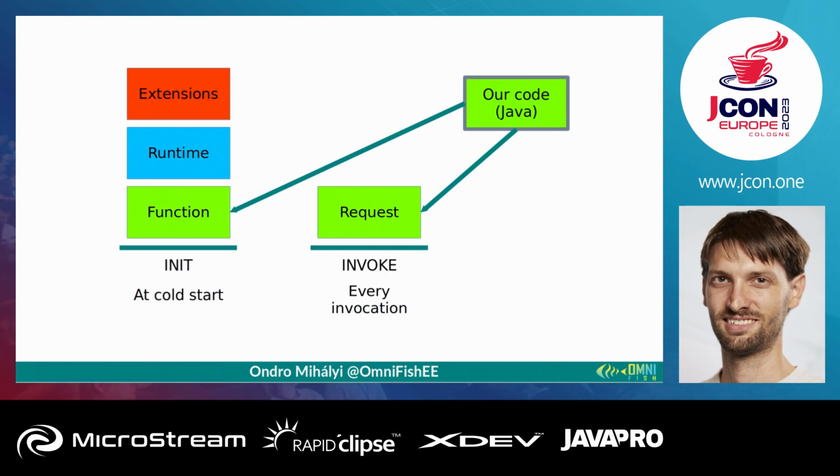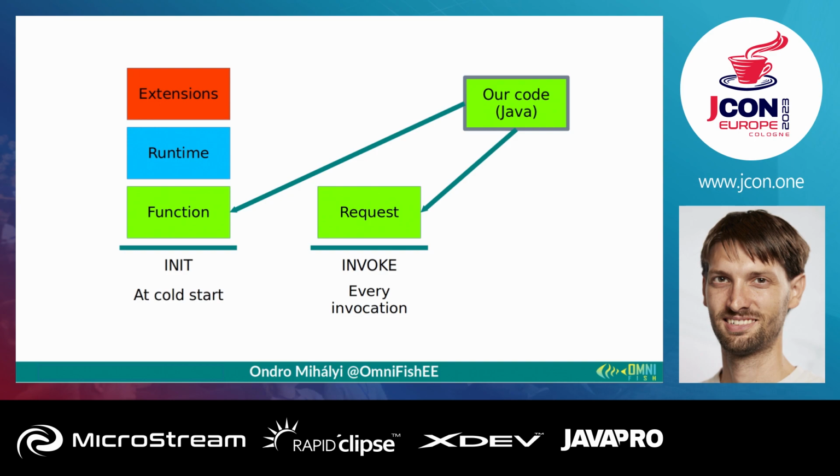And then it calls our Java application. We still don't have control in the runtimes provided by AWS over how the Java program is executed, but we can add some code to this initialization phase. And the question is how.